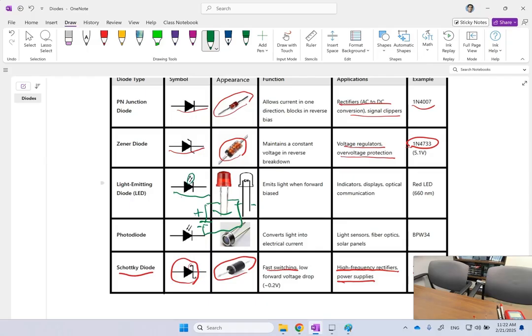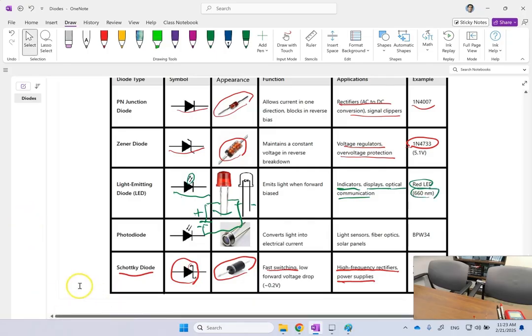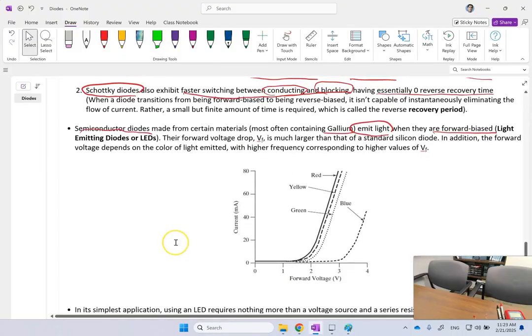And then once this voltage is above their forward voltage, or barrier voltage, they start putting out different beautiful colors for you. So they are used in indicators, displays, optical communications, and so on. And a red LED, which emits light at 660 nanometers, is one of them, but there are all sorts of other LEDs out there.